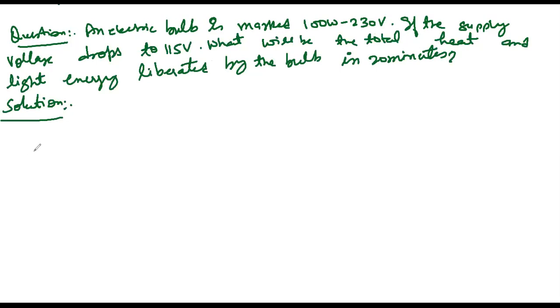You see the formula, the power P of an electric bulb, P is equal to V square divided by R. So what will be R?